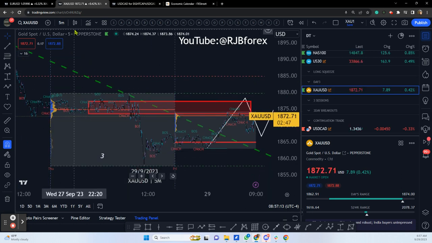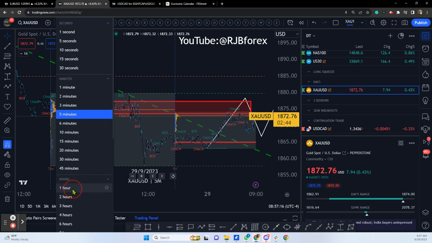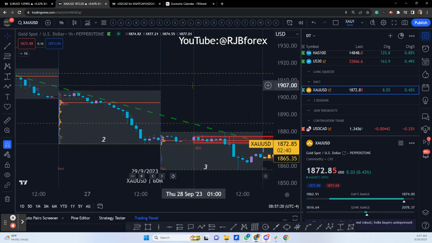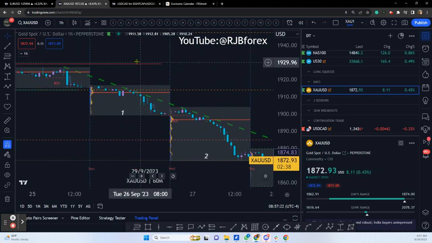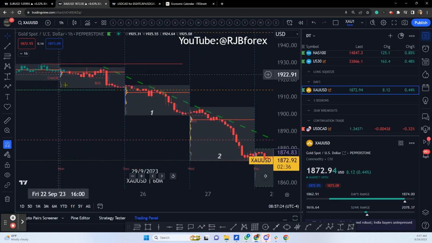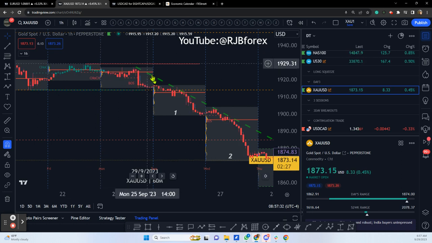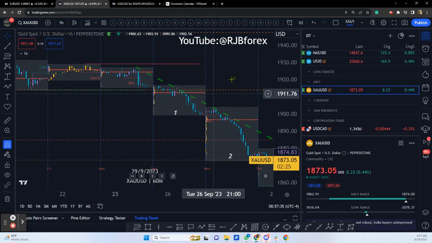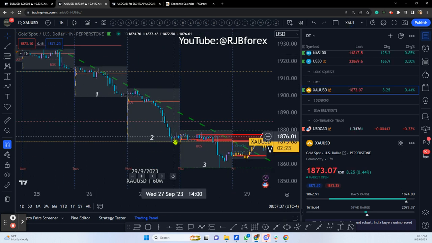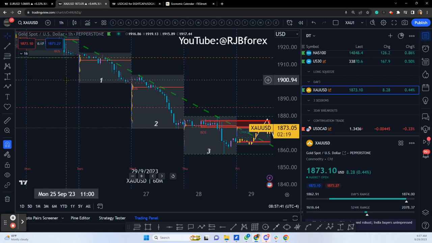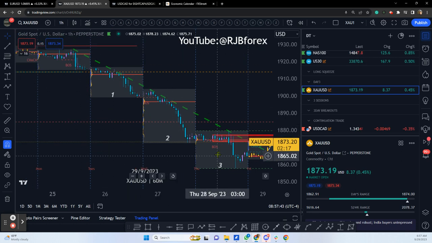Right. Okay. So let's look at what's happened on the week. On the week itself, we've got the opening range on Monday. Friday's closing price is all the way up here, around 1925 ish. So we've dropped once, twice, 3 consecutive days out of that opening range. 1, 2, 3.